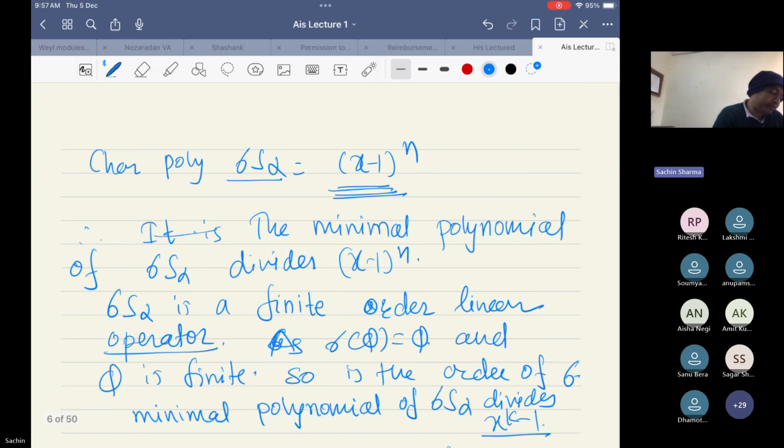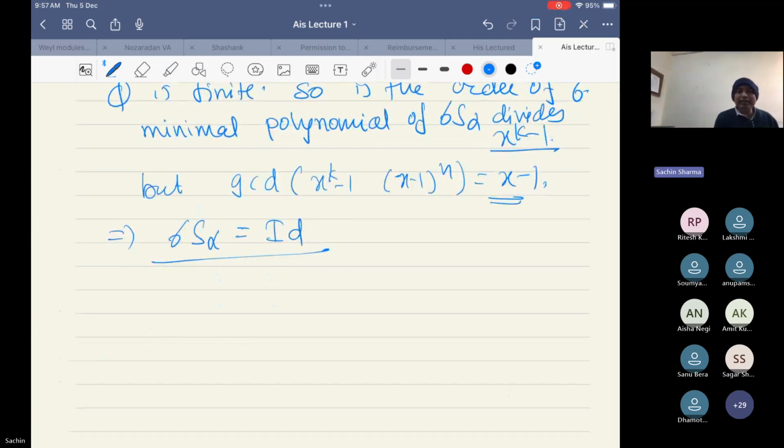Okay, fine. Now with this, I will define a crucial object, the root system.